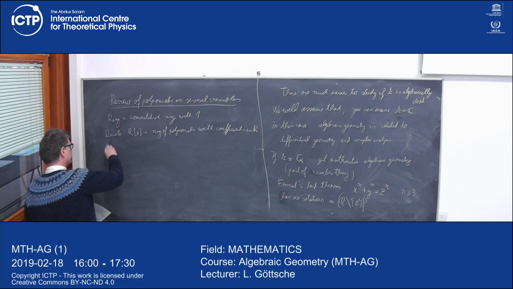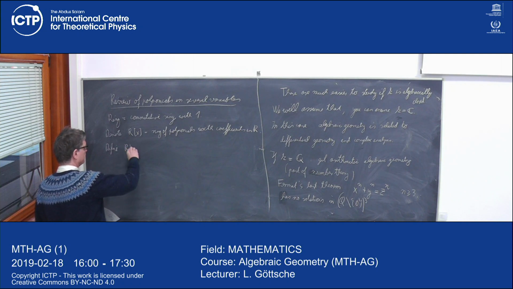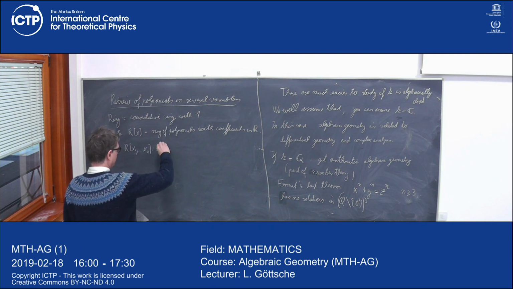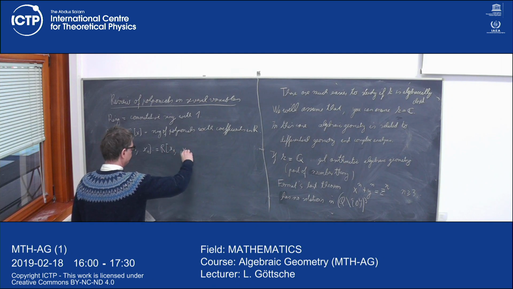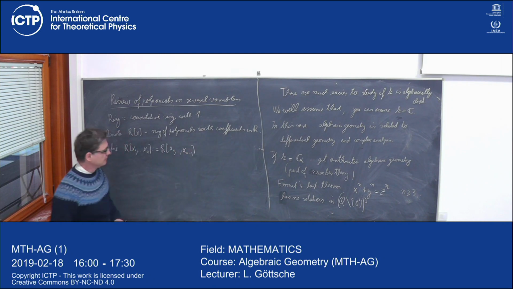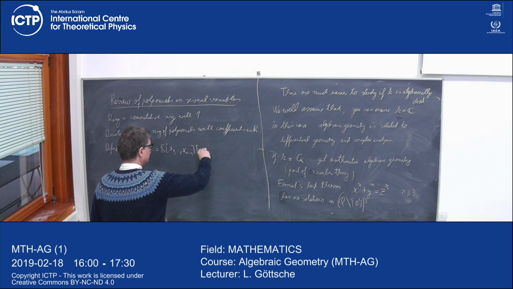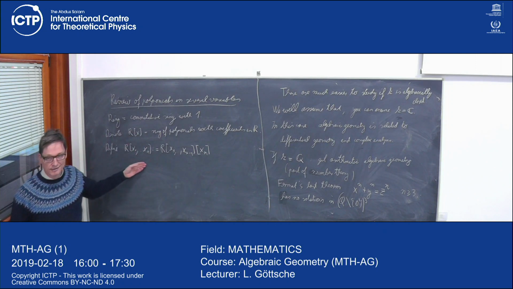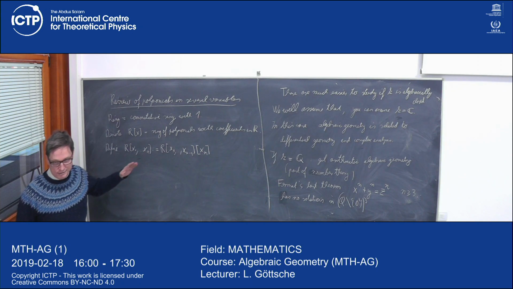So we define R[x1,...,xn] to be: we take the polynomial ring in one variable, and this is our coefficient ring, and we take polynomials in the last variable with coefficients like this. This is the polynomial ring in n variables. So inductively we have defined it for any number of variables. Okay?